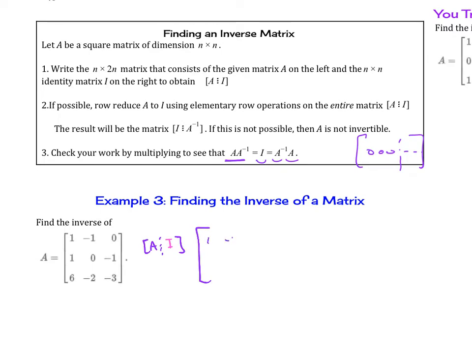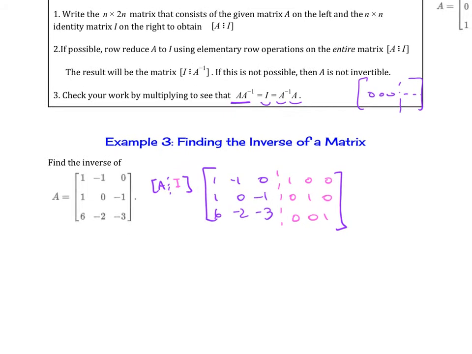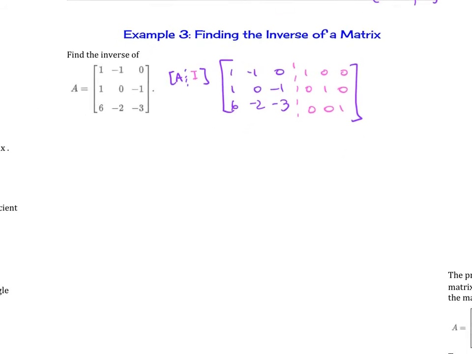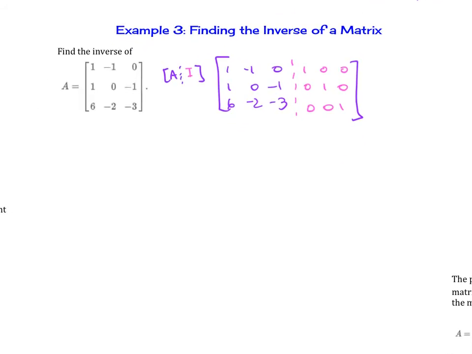So we have 1, -1, 0, 1, 0, -1, 6, -2, and -3. On the right side is our identity: 1, 0, 0, 0, 1, 0, and 0, 0, 1. And so let's use Gauss-Jordan elimination in order to solve for our inverse.